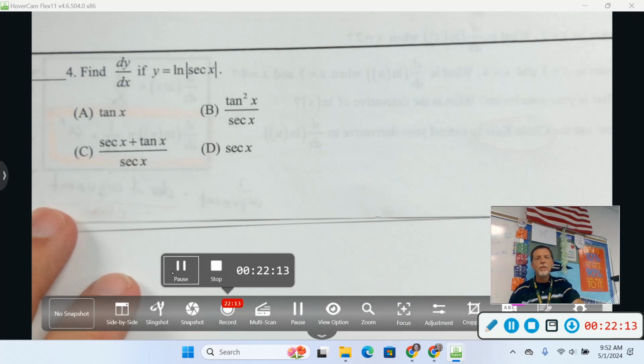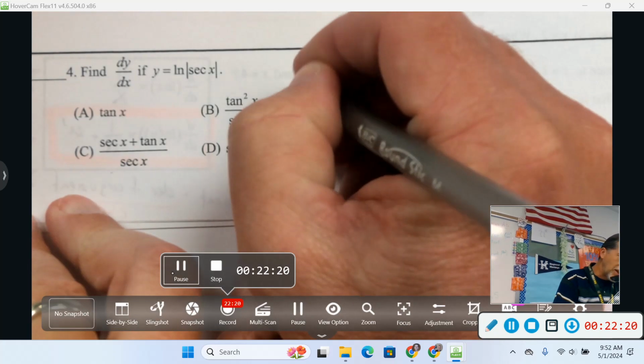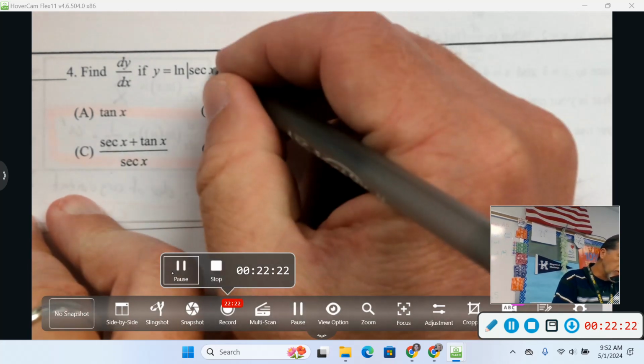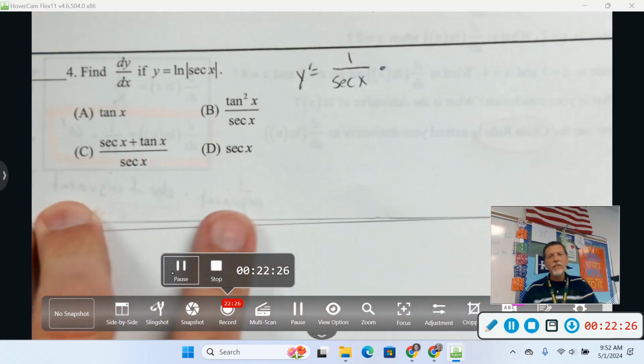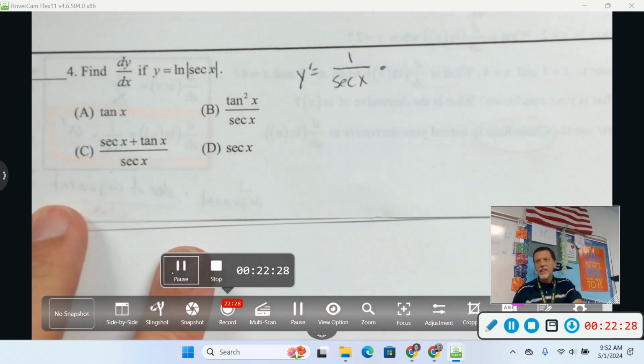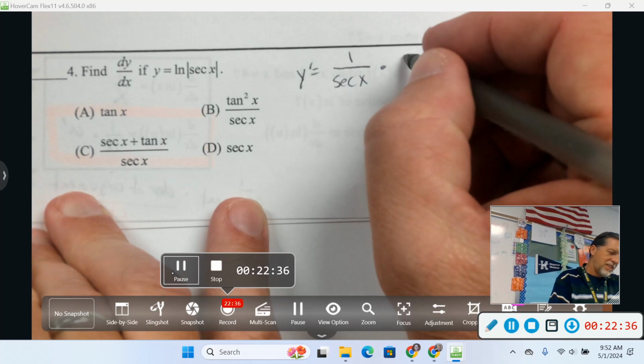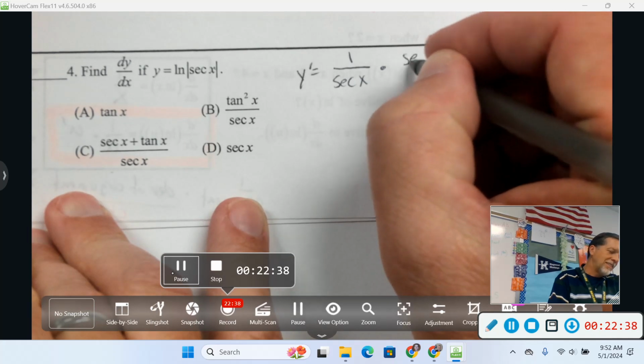That looks terrible. Natural log of the secant of x. Well, let's just apply the rule. 1 over the argument times the derivative of the argument. But you guys are trig calculus experts. What's the derivative of secant? There we go.